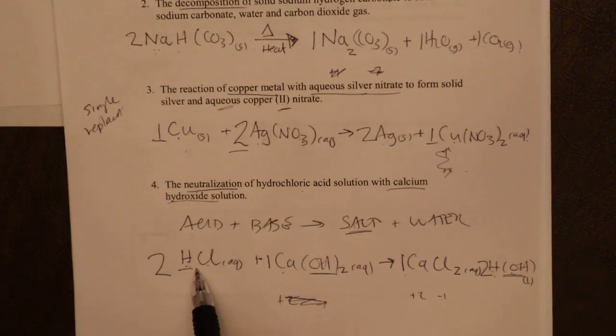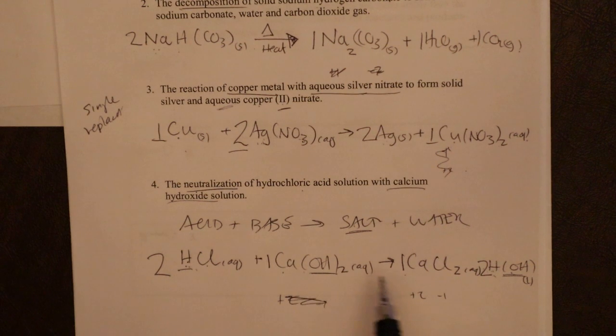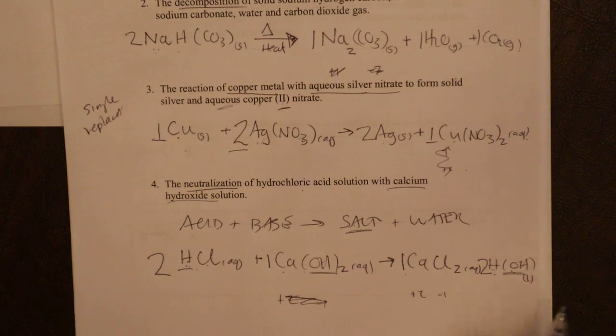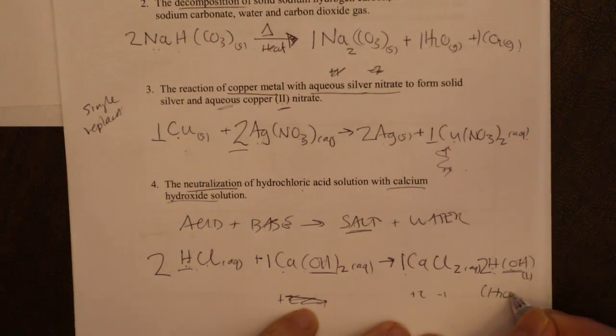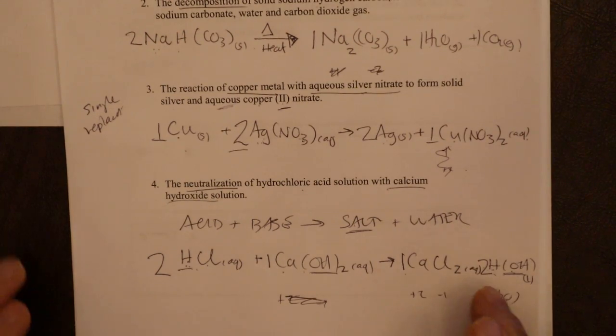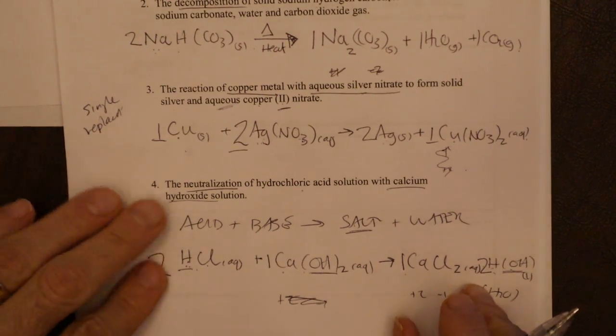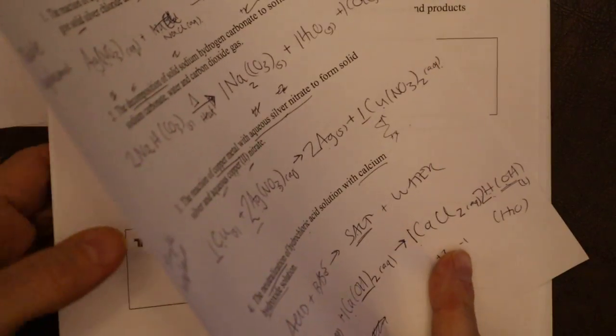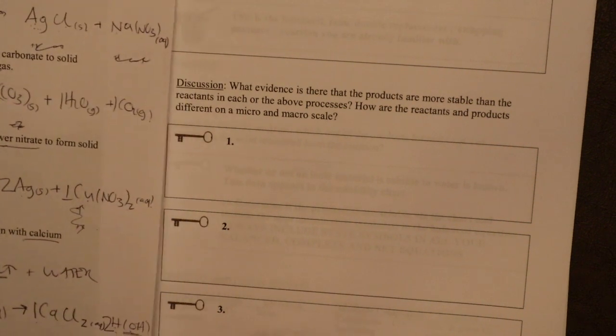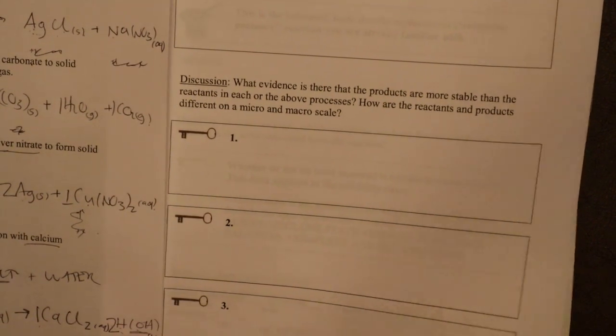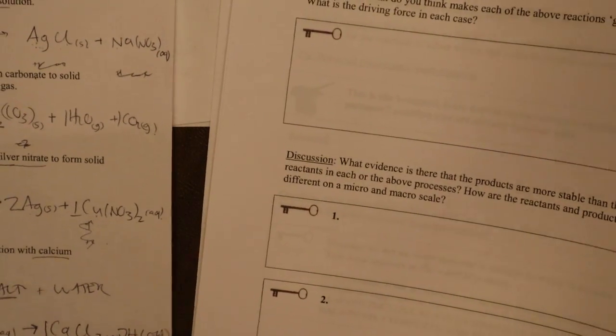So, 2 HCl, 1 calcium hydroxide, 1 calcium chloride, 2 water. Well, obviously in the textbook you'll see that written as water, H2O. There you go. Now, I'm going to leave this to the side. We'll come back and look at that as we go a little bit.